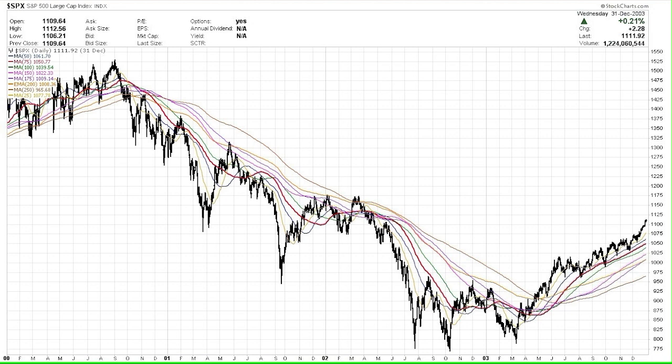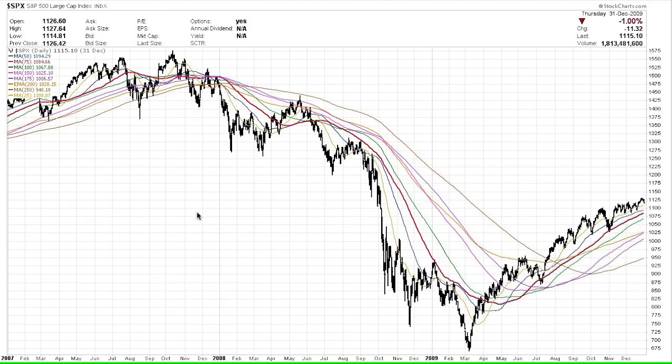If we also look at the bottom in '09, which was the financial crisis, again, you see the same issue where you're getting all the tangled moving averages, it breaks down, but then the mirror image, you start to get the exact opposite.